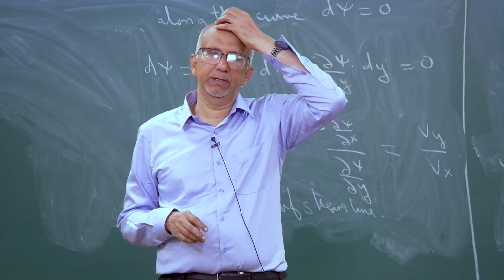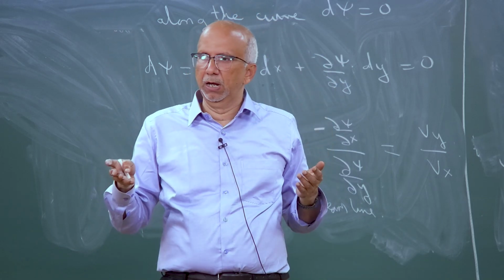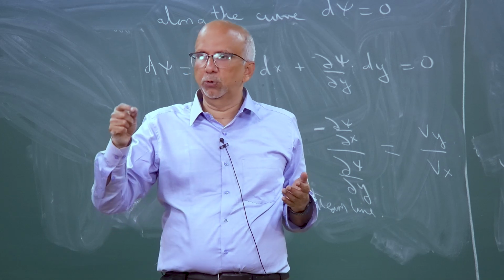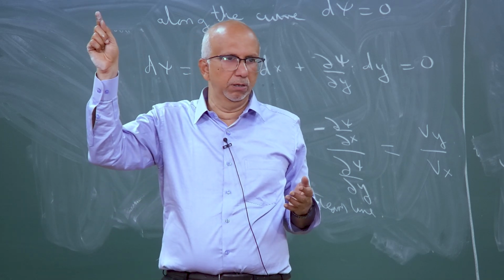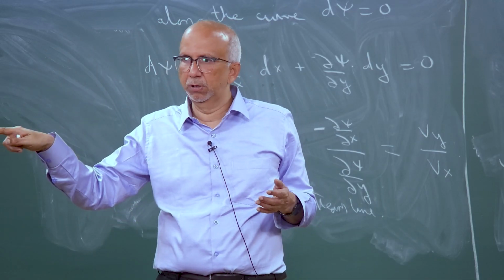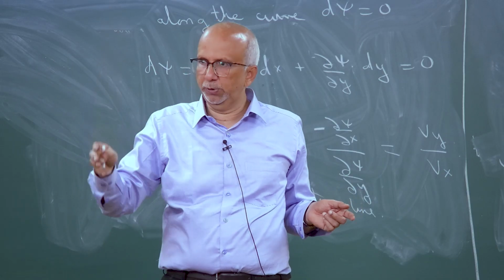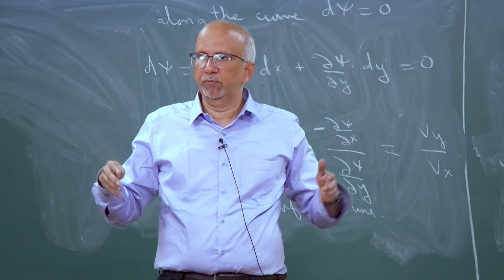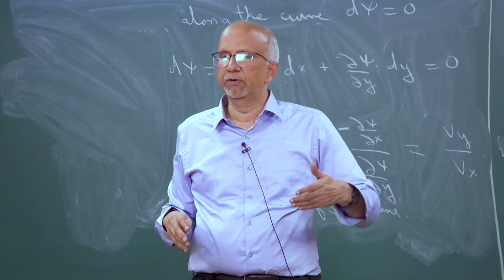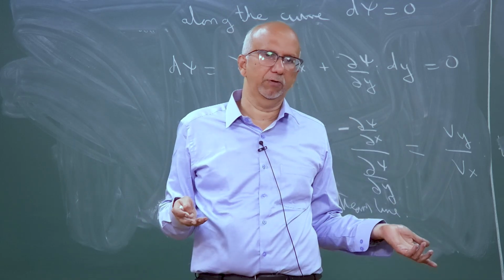So, it is like saying in mathematics you must have done, you have a system of equations, let us say two equations and two unknowns, you will eliminate one variable from the first equation, substitute it in the second equation and then solve. So, what stream function is doing is something similar. Rather than solve two equations in two unknowns, we will get a single equation for the stream function, which we will solve, and once I solve the stream function, I can get the velocity field.